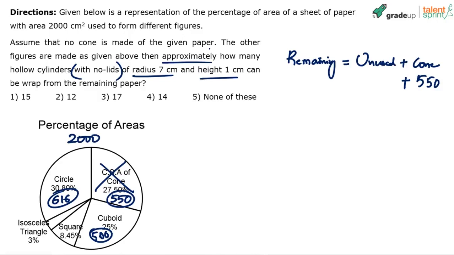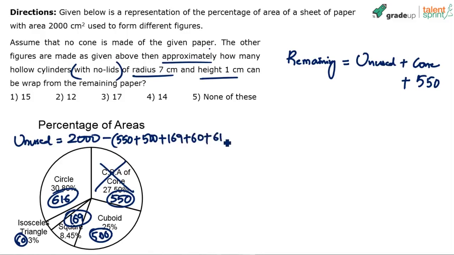The 3% is 60, and 8.45% came out to be 169. So the sum of all these values should be removed from 2000 to get the remaining paper, unused paper. So I'll write it here. Unused will be equal to 2000 minus this 550 plus 500 plus 169 plus 60 plus 616.